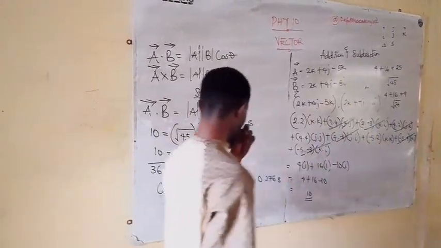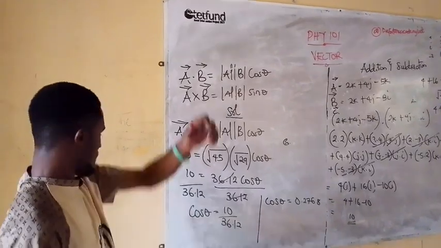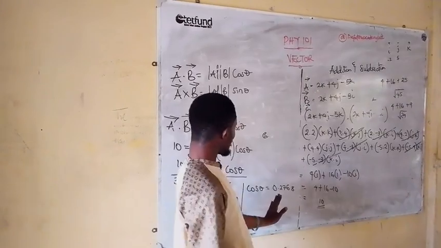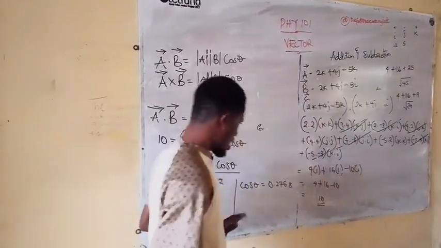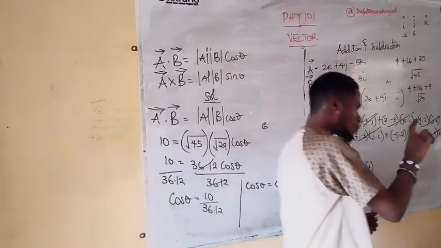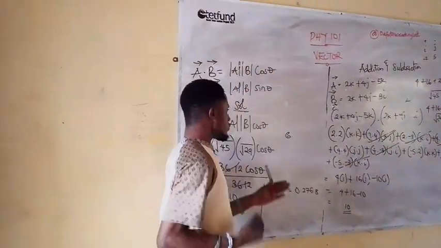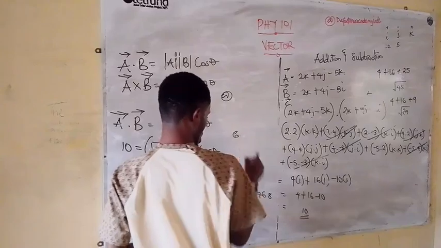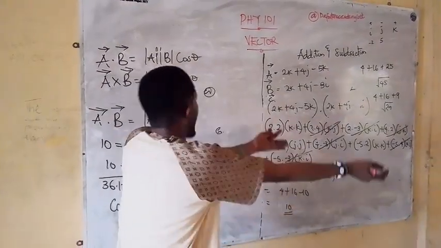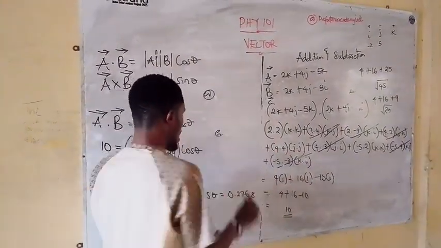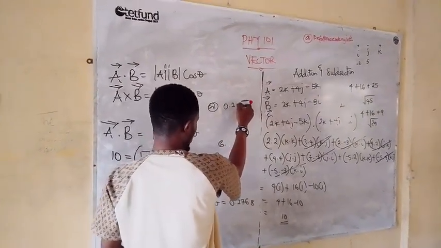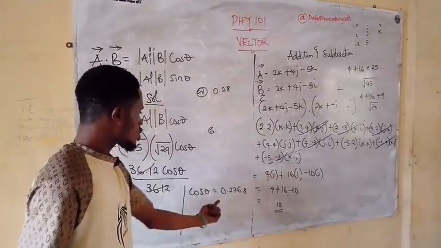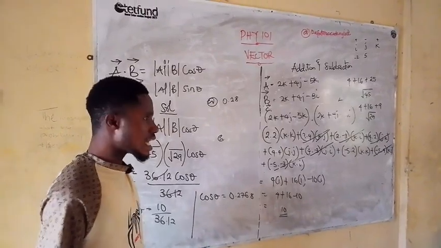Now, we are asked to find cos theta. Please, in this case, I will advise every student not to approximate. Carry the number raw, like that. If it's possible, write all the numbers in the calculator. After you have done that, check your options first to know if they are approximated or not. Let's say they say find cos theta, and from here you found cos theta, and in your options you saw something like 0.2768. Then that is your answer.